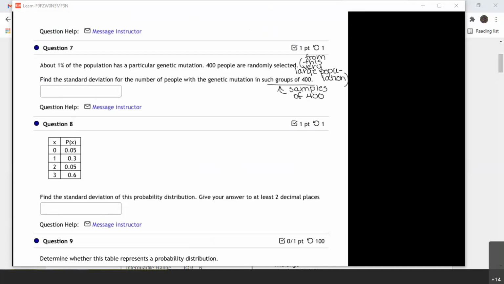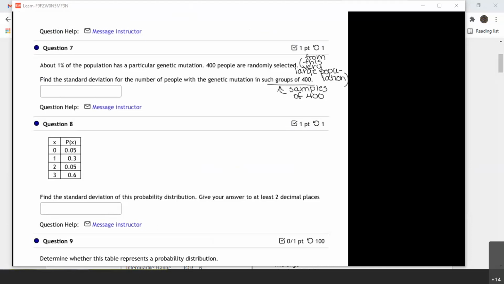So what you want to take away from this problem is, how did I pick people? I chose 400 out of a very large population. The fact that I'm choosing such a small sample from a very large population is not going to affect the probability of me picking people with the mutation, because the population is so large.